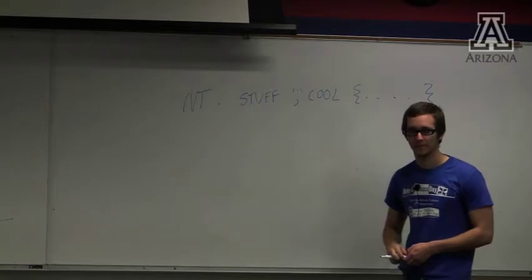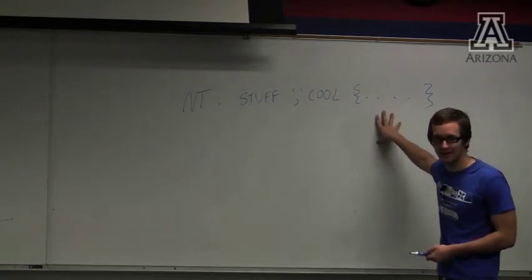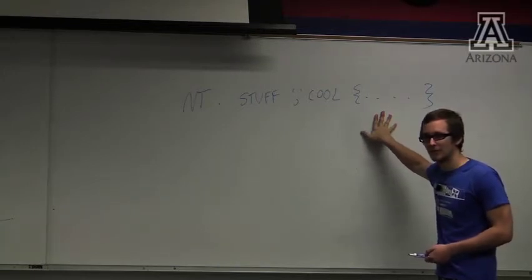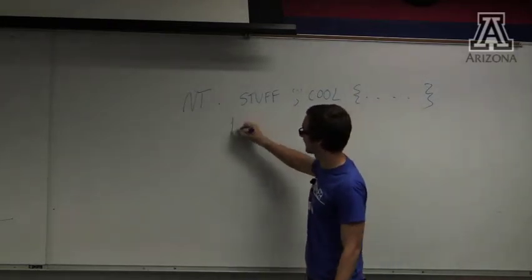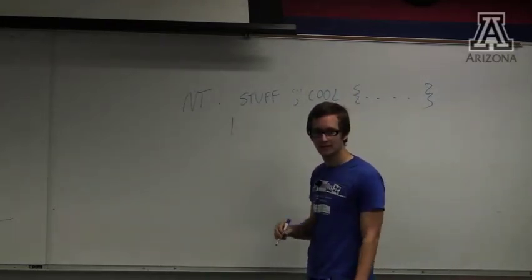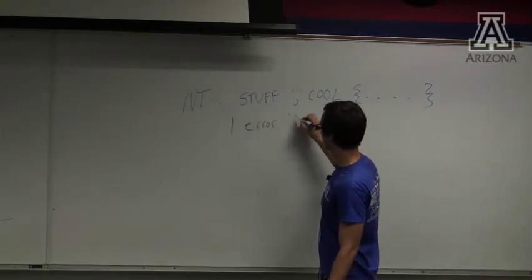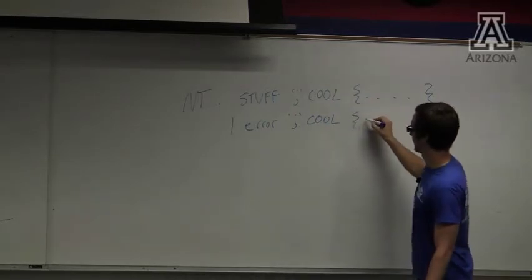It doesn't matter. Have you noticed this is always at the end? So maybe you've had rules, you've seen something like this, where you're like, well, what if the stuff is an error? So maybe you have an error, and then a semicolon, and then I call yyerror, right?